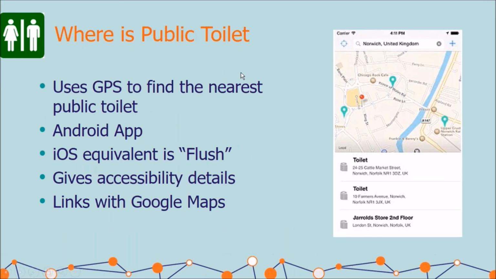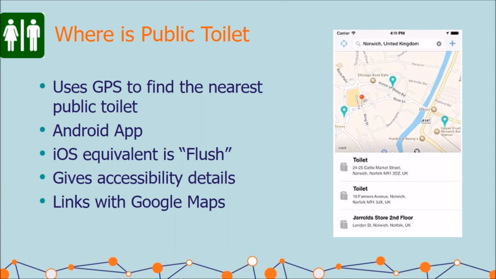The next one is Where is Public Toilet, and a very useful app in the right kind of circumstances. It's worldwide, so you can use this anywhere. It's reliant on the community to update it, so you are relying on other people.